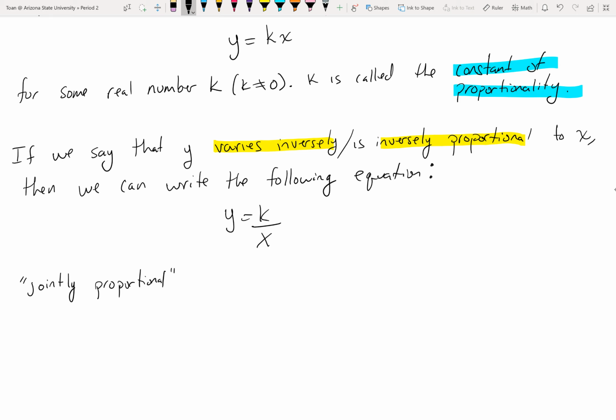If you hear that phrase, don't get freaked out. That simply means more than one proportion. So, y is jointly proportional to x and z. That just means you have 2 proportionalities instead of 1.